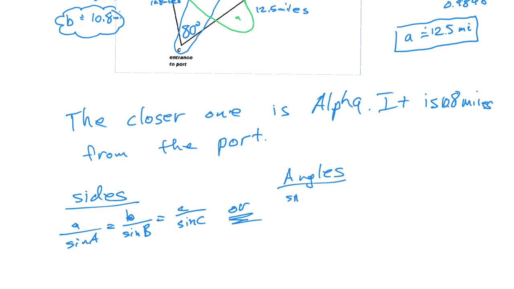So we have sine of A over little a is equal to sine of B over little b equals sine of big C over little c, where the big A's, B's and C's are angles, and little a's, b's and c's are sides.